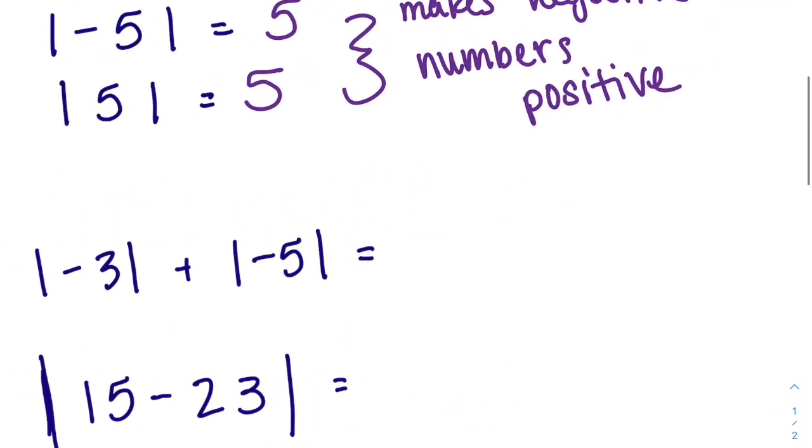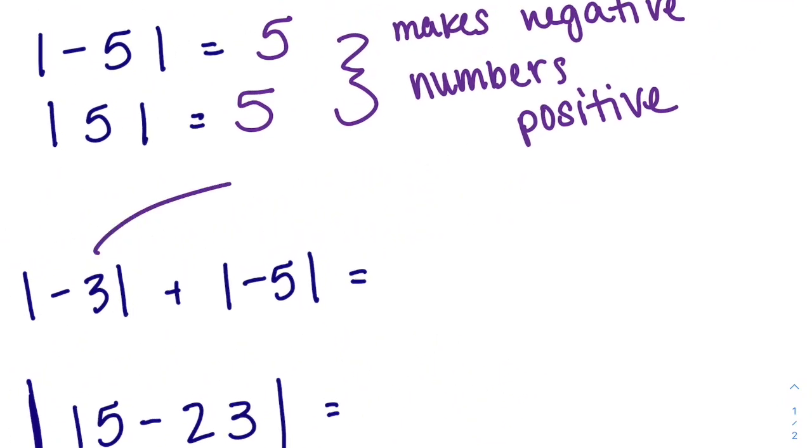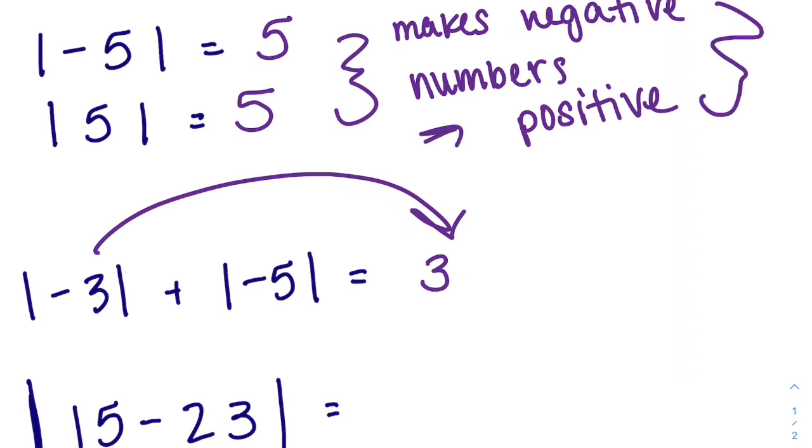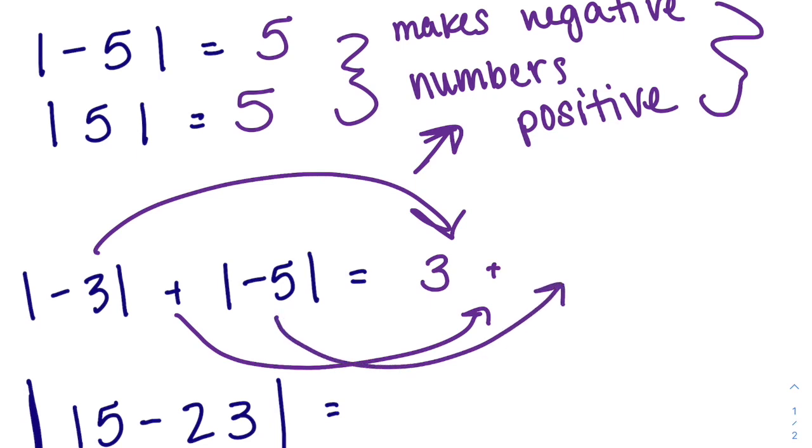The absolute value of -3 is 3. -3 is 3 spaces away from 0. That is the distance from 0. Also, if I think about it in the other way, I am making a negative number positive, like I mentioned up there. So plus, there was a plus sign in the middle. The absolute value of -5, which we already said is 5.